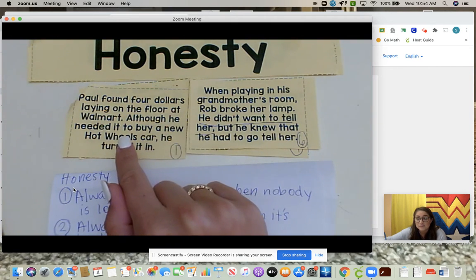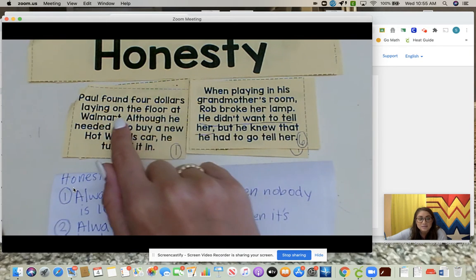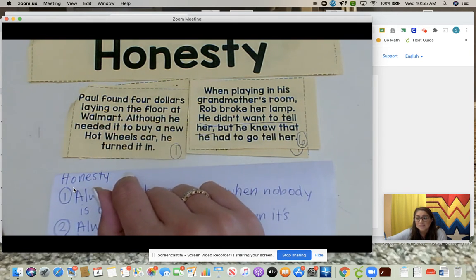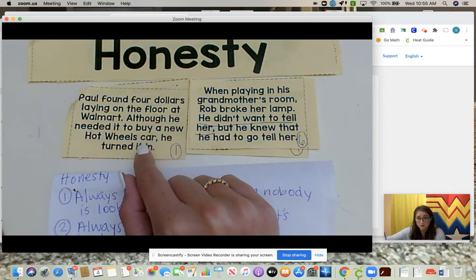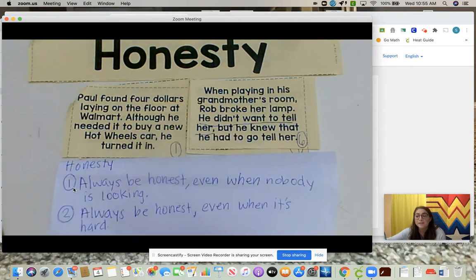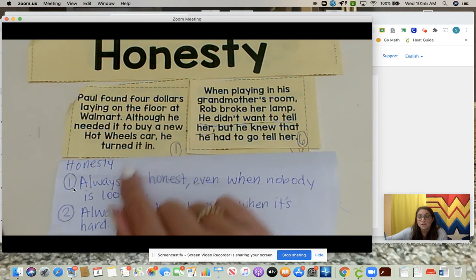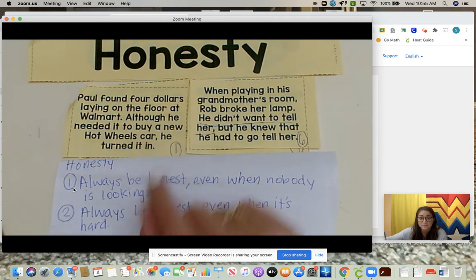In this situation, nobody is looking at him. No one's watching him. He really wanted to buy a new Hot Wheels car, but he turned in the money instead. What we can learn from Paul is always be honest, even when nobody is looking. Nobody was looking at Paul and he was being honest. So that is what we learned.